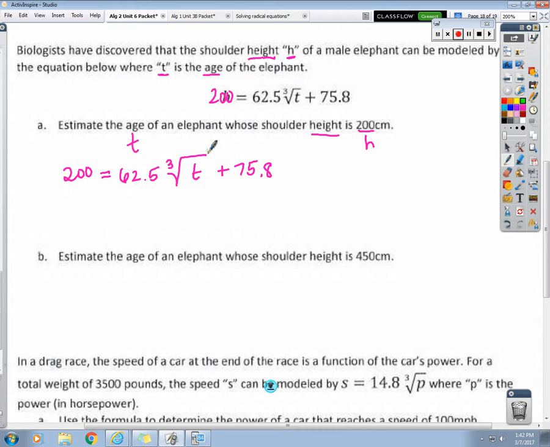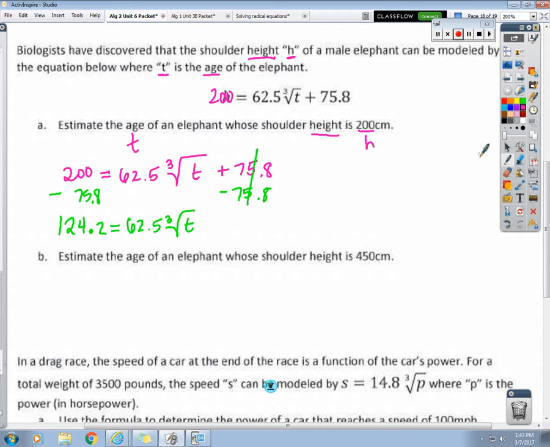Right, before dividing. Remember, when you're doing equations, you do PEMDAS backwards. First we subtract. And so what is 200 minus 75.8? Right, 124.2. And so now that equals 62.5 times the cube root of t, and then that's canceled out.